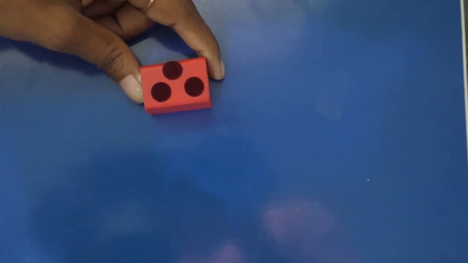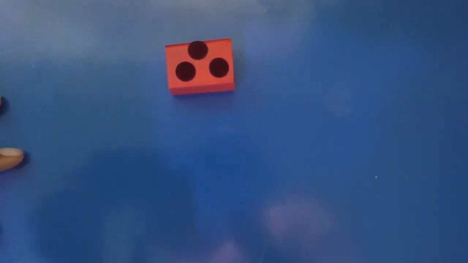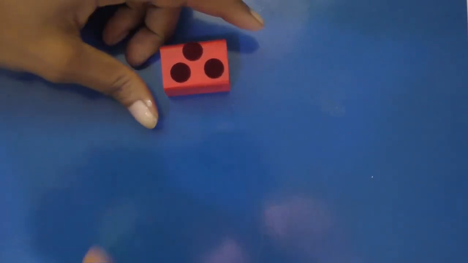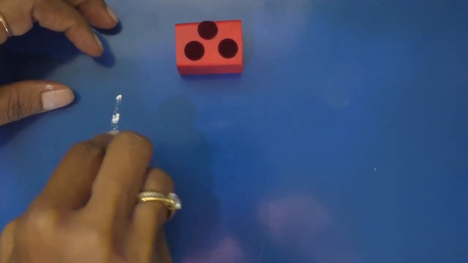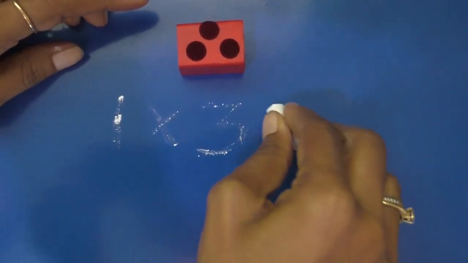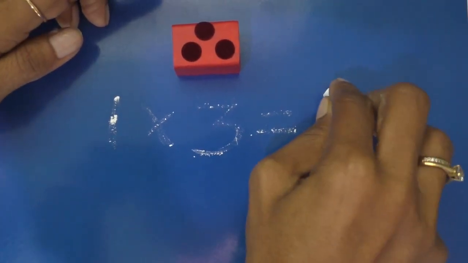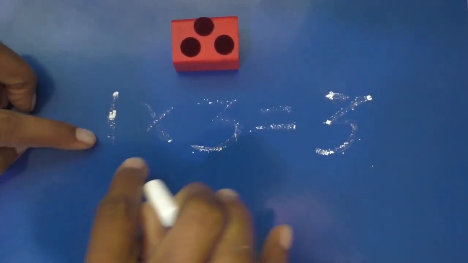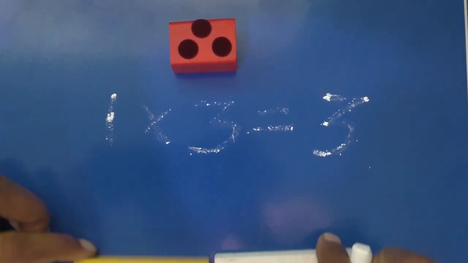You can see there are 3 dots on each of the blocks. So we'll be counting these dots. Now, one group, that is one block, into 3 dots. So how many dots are there? 1, 2 and 3. We have 3 dots. So 1 into 3 is equal to 3.